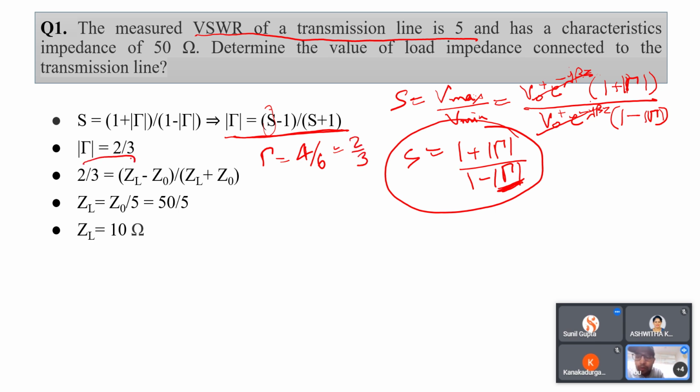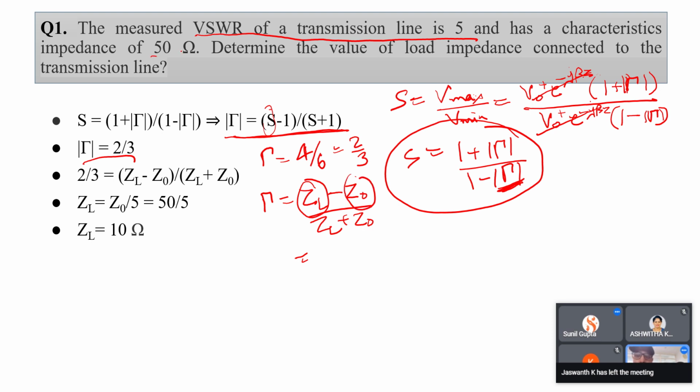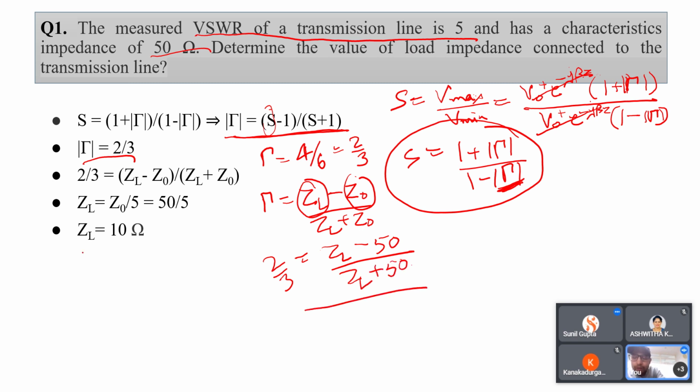Now you have the value of gamma, so you can use the formula of the reflection coefficient, gamma is equal to ZL minus Z naught over ZL plus Z naught. ZL you have to find out, and Z naught is given as 50 ohm. So this will be 2 by 3 equals ZL minus 50 over ZL plus 50. After calculating, you will find ZL as 10 ohm.